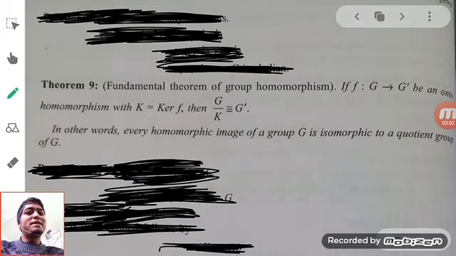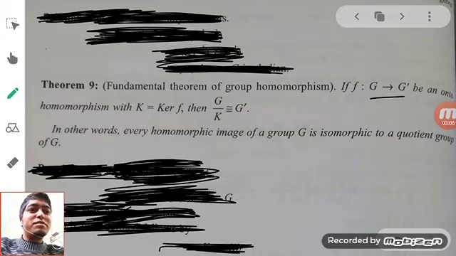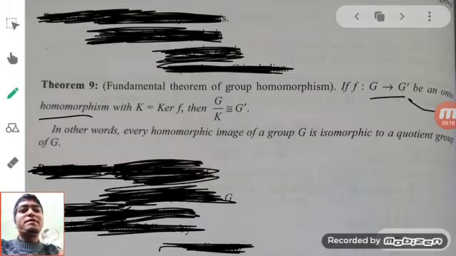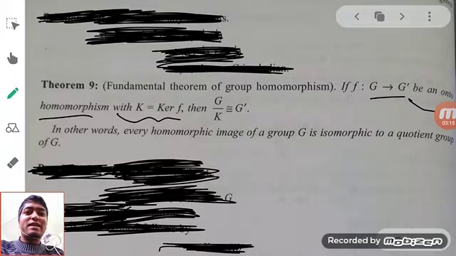So it states like this: if f is a function from a group G to a group G dash, and if f is onto, and if it is a homomorphism, and the kernel is K, then G by K is isomorphic to G dash.